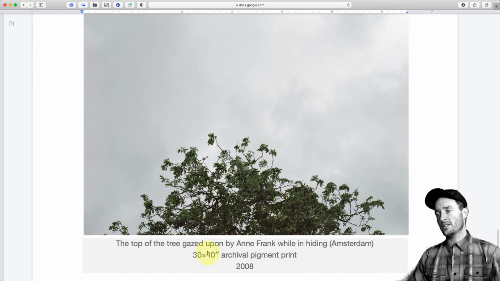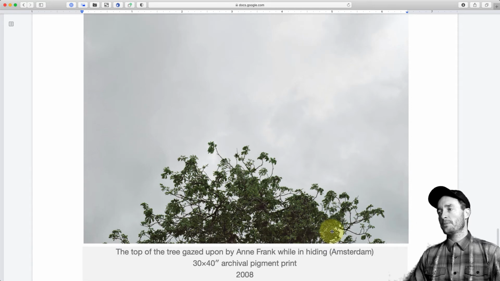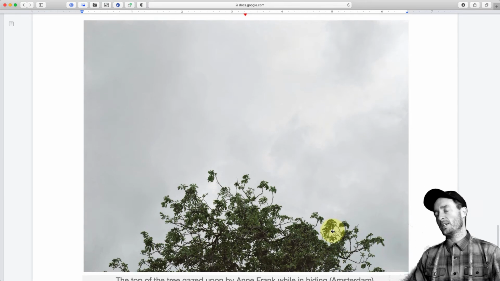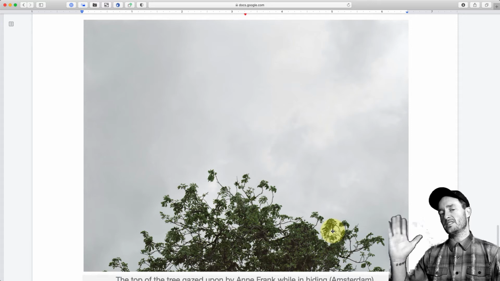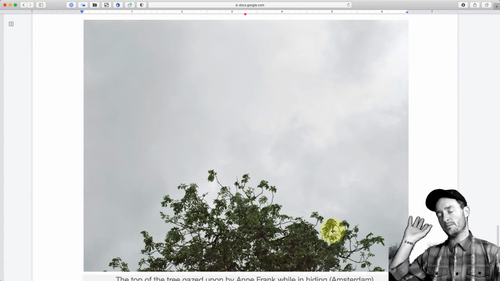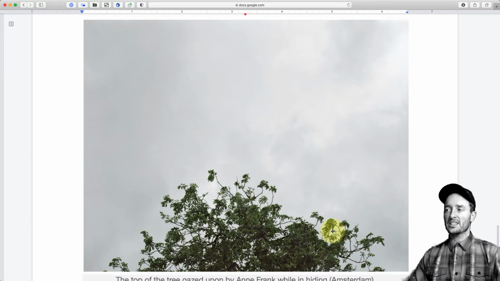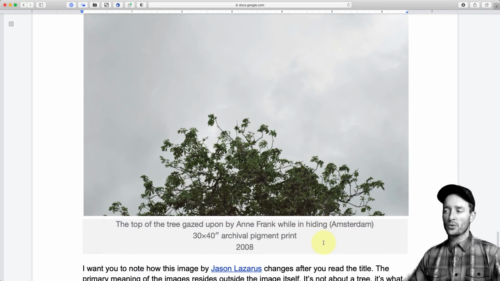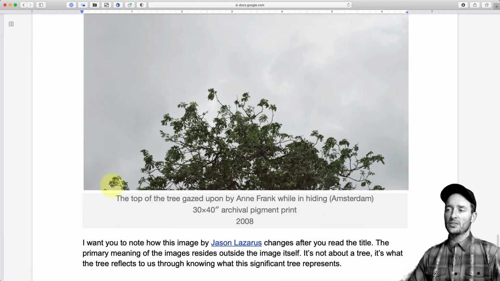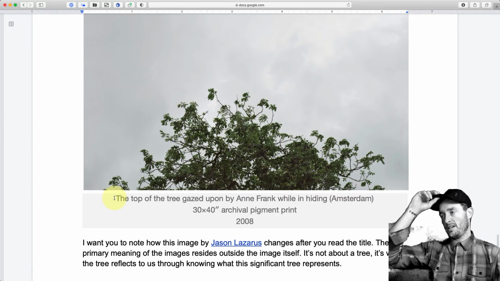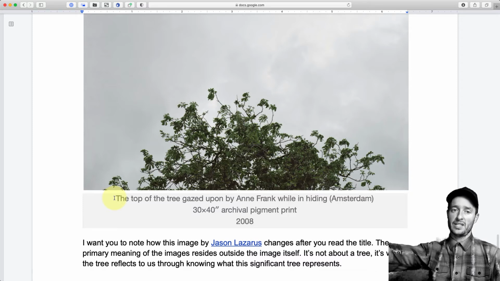He did do an archival print of it, but it's a video piece where you're watching the video and you just see this tree blowing in the wind, and you hear maybe church bells in the distance, and unless you know the title of this, which is "The Top of the Tree Gazed Upon by Anne Frank while in hiding in Amsterdam," and it was taken in 2008.